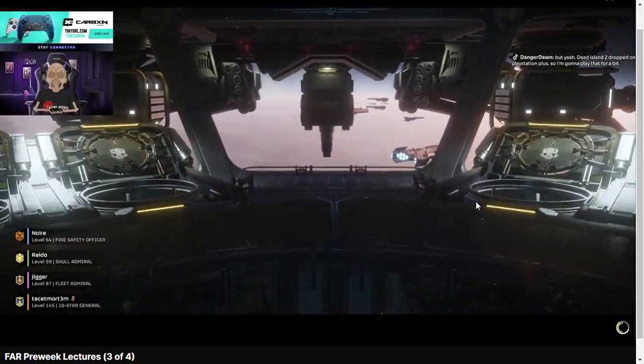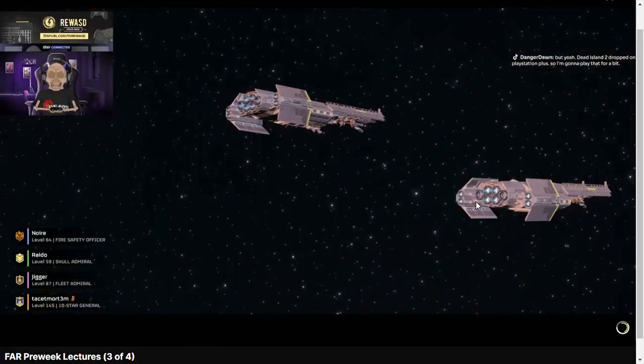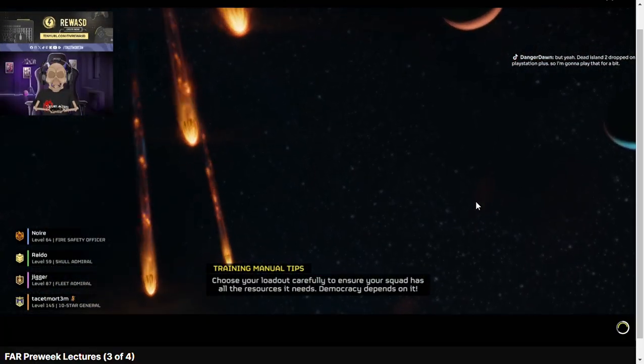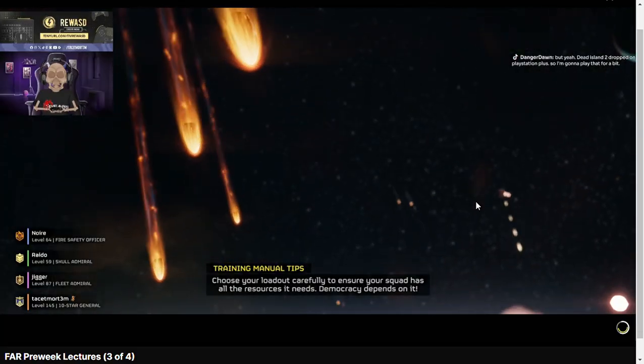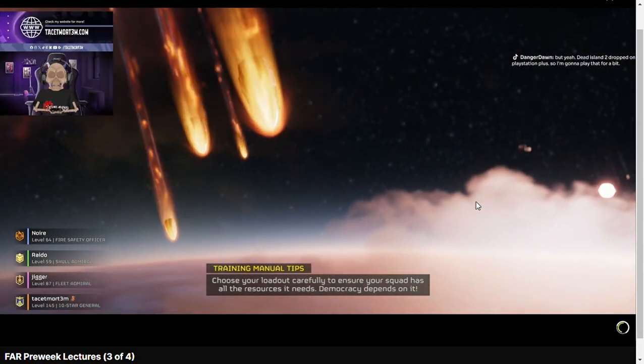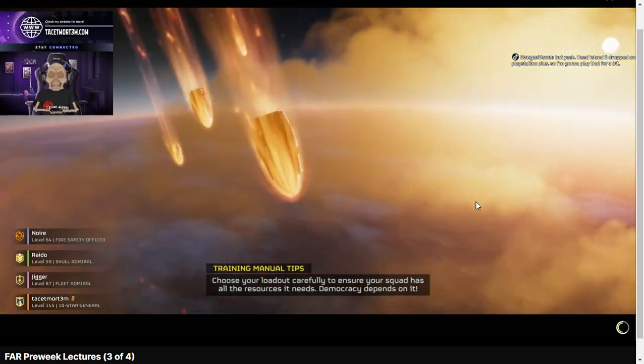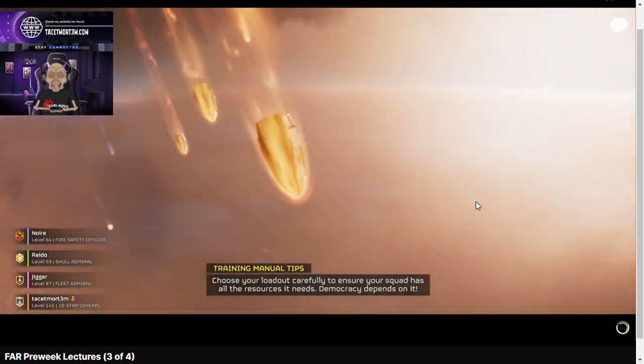Dead Island 2. Yeah, if you like zombie games, I don't know, maybe you want to play No More Room in Hell with me. It should only be like 20 or 30 bucks. It's not going to be expensive.